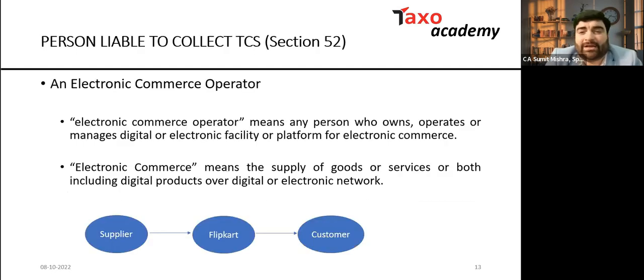So, discussing the e-commerce platform. There is certain confusion about the e-commerce portal or e-commerce operator. Taking the example of Flipkart: Flipkart is an e-commerce platform.